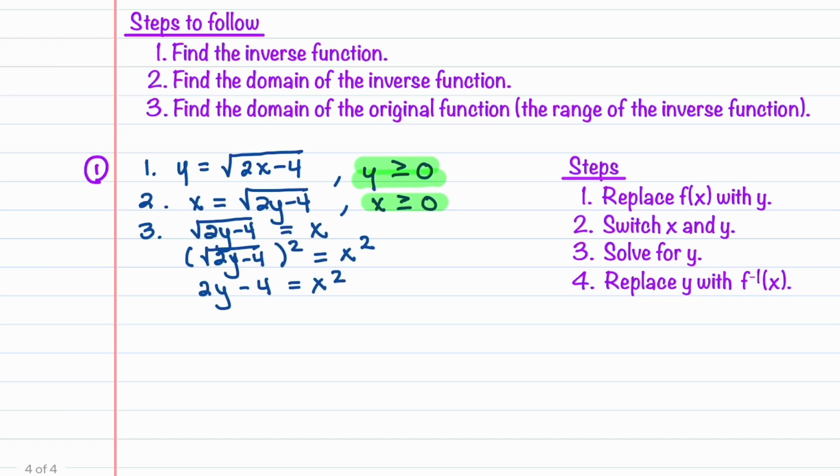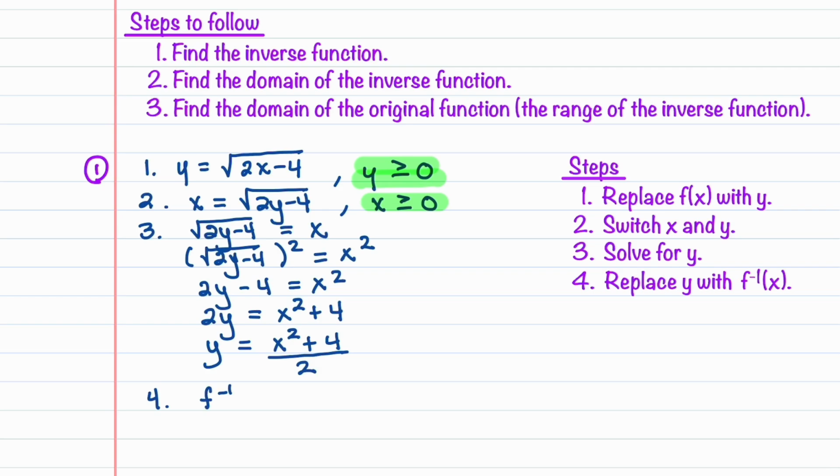Now we can solve for y a little bit easier. Let's move the 4 to the right-hand side. This gives us 2y is equal to x squared plus 4. And then our last step is to just divide by 2. So we get y is x squared plus 4, all divided by 2. And then step 4 is to just replace y with f inverse.